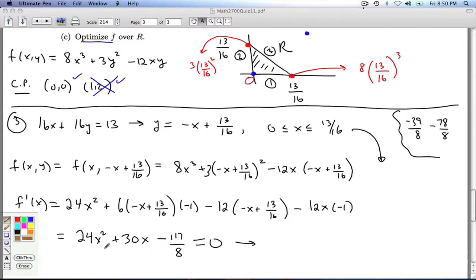So 8/3 here gives me 64x squared. 8/3 here gives me plus 80x. 8/3 here gives me 117 over 3, which is negative 39, and that's equal to 0.